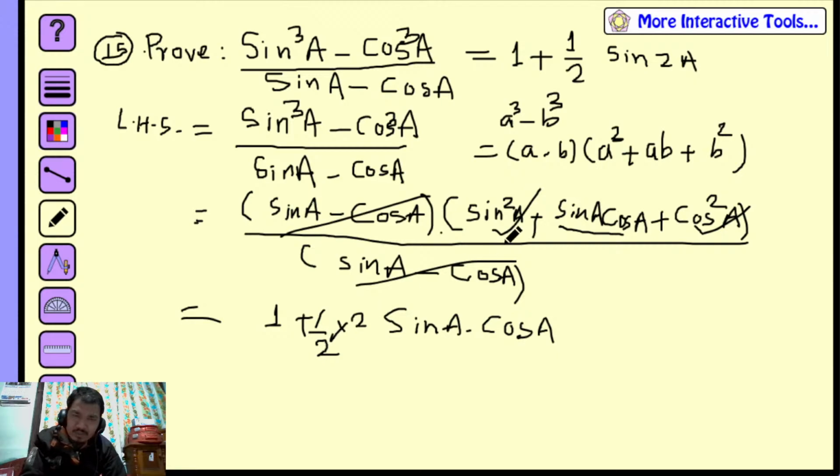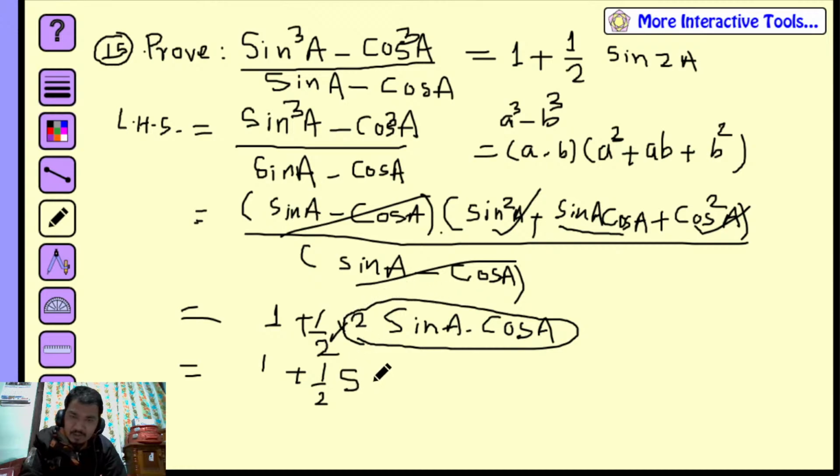This 2 cancels, that's why it will be sine A cos A. We multiply here by 2, that's why we divide here by 2 also. Then look here, 1 plus 1 by 2 into 2 sine A cos A. We have the formula of this; its formula is sine 2A.